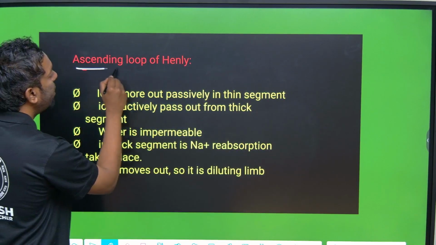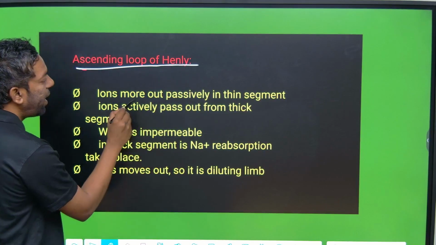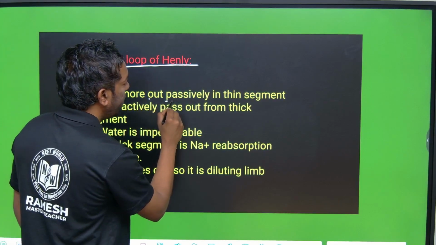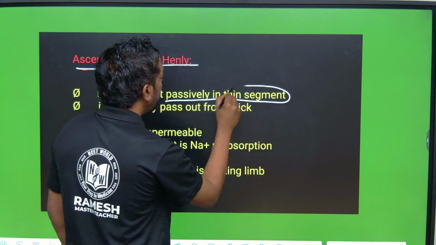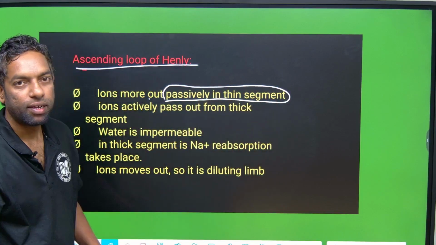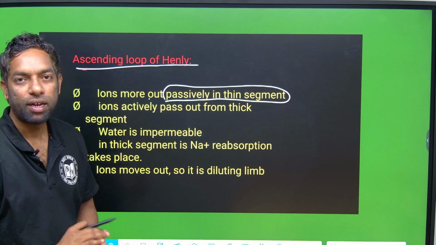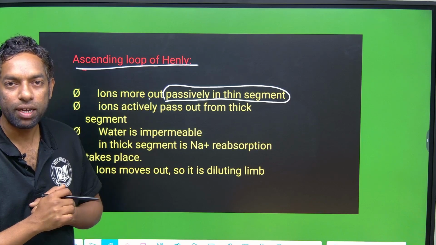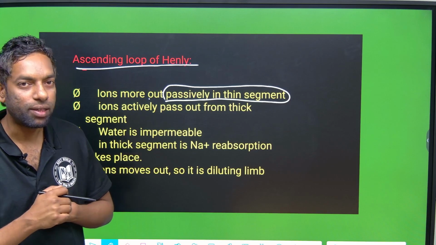In the ascending Henle limb, ions move out passively in the thin segment. Guys, the ascending Henle limb has two regions: one is the thin segment and one is the thick segment.